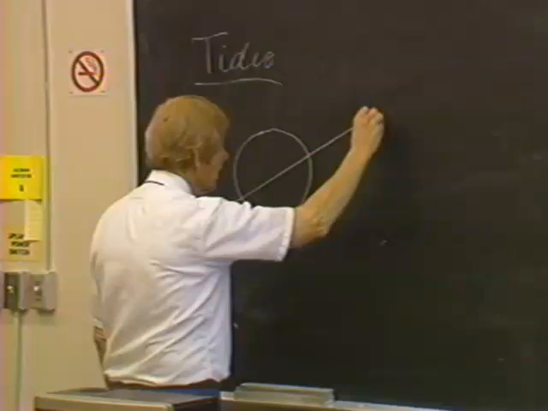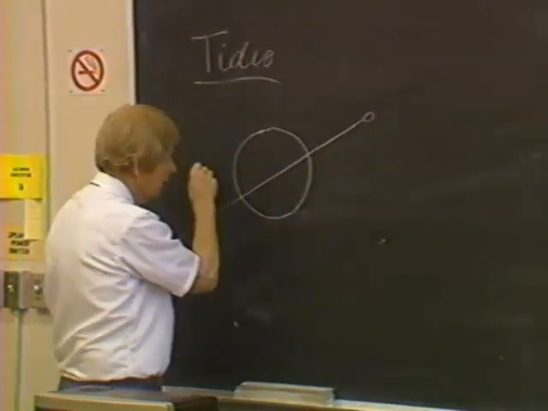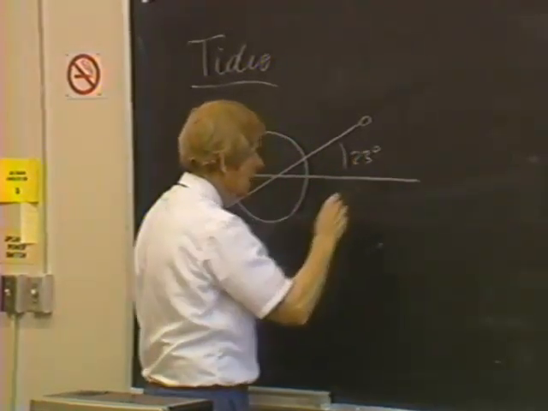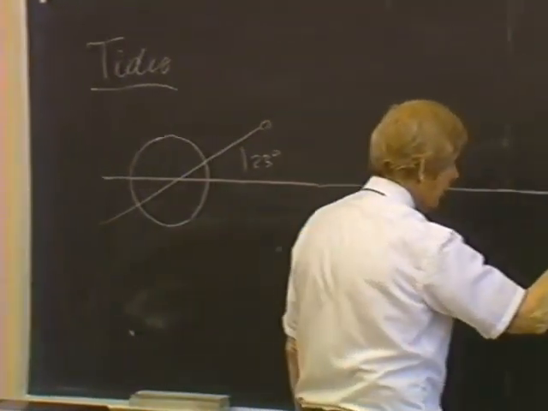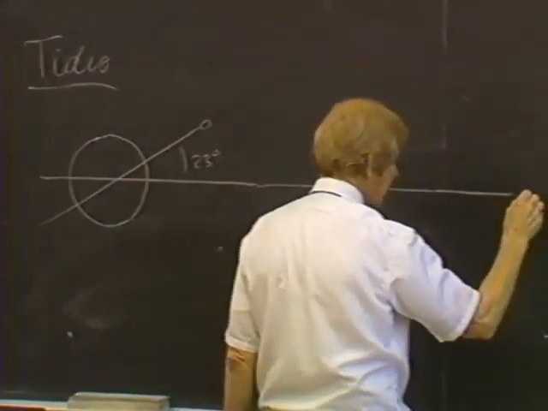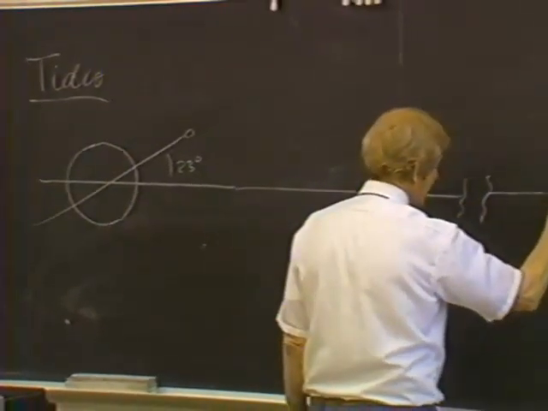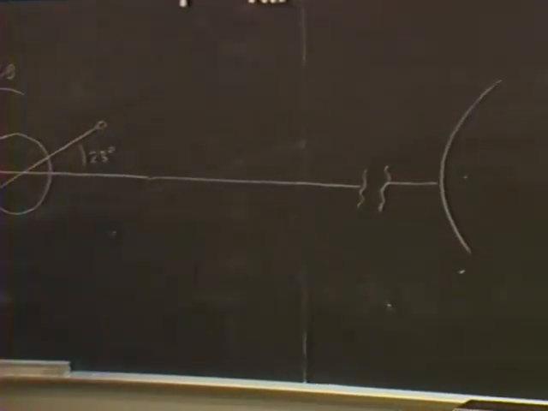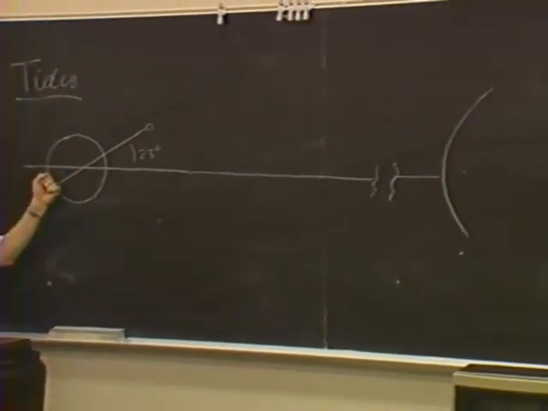The moon, the axis of the moon is tilted at an angle of, I think, 23 degrees to the axis of the Earth, or the plane of the Earth's rotation about the sun. And of course the sun is much, much further away from the Earth than the moon.